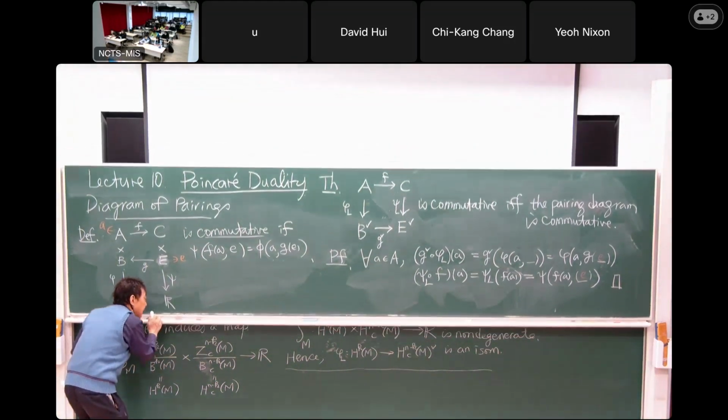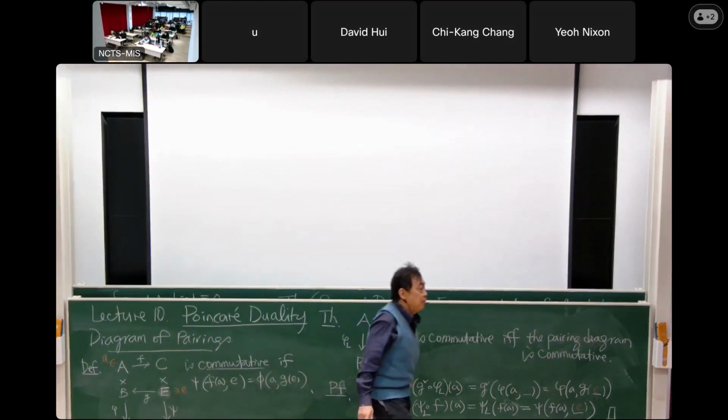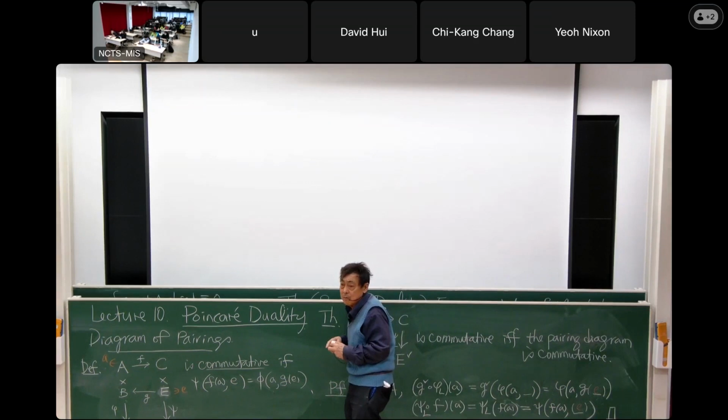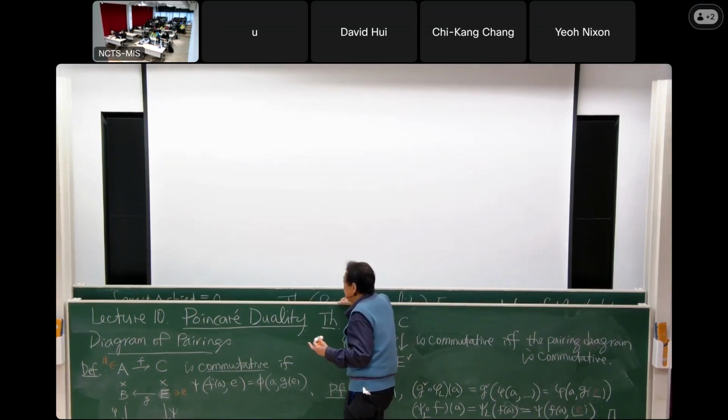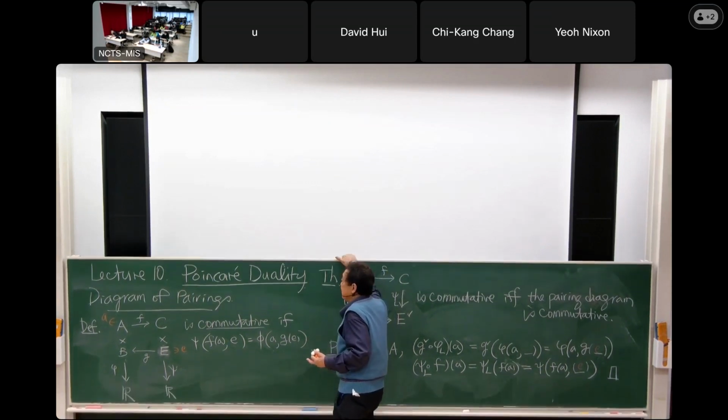And so what we are going to do is pair our two Mayer-Vietoris sequences. For de Rham cohomology, you have a Mayer-Vietoris sequence. For cohomology with compact support, you have another Mayer-Vietoris sequence, and you can pair them.